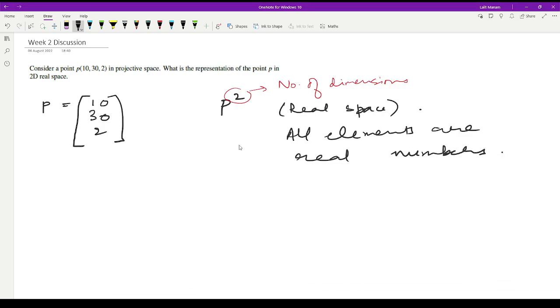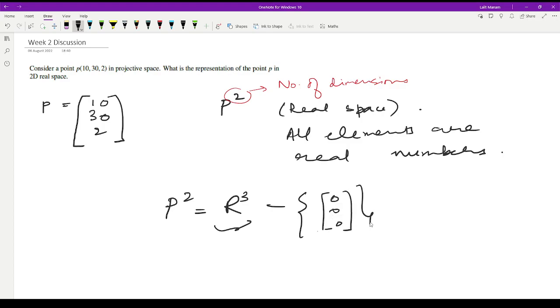So what is P2? This is the projective space in 2 dimensions, which was defined as the 3D real space, the usual 3D real space that you see, with the origin removed.